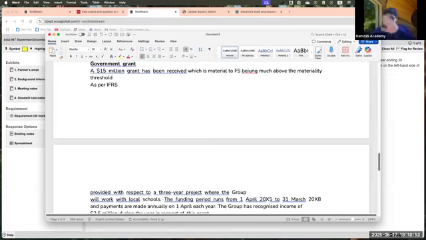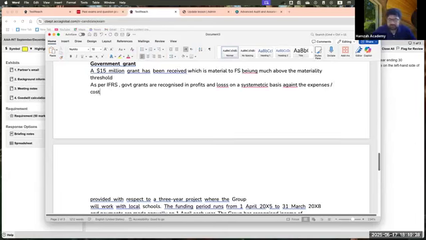As per IFRS, government grants are recognized in profit and loss on a systematic basis against the expenses or costs the grants are intended to compensate.